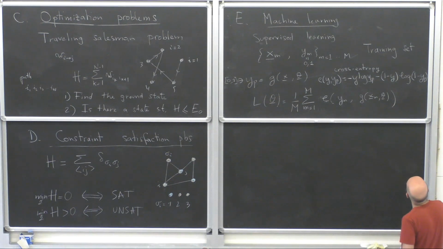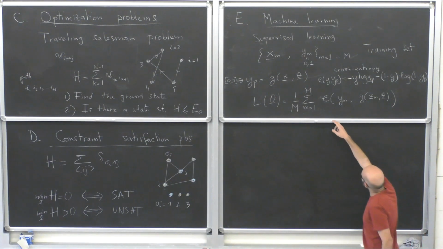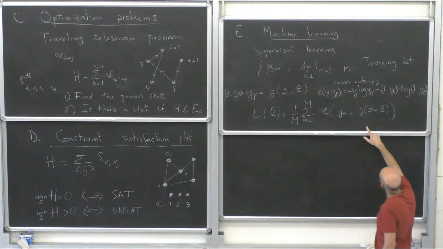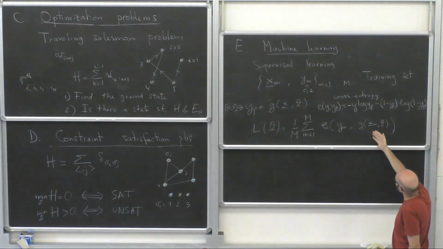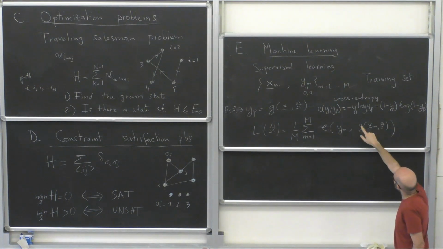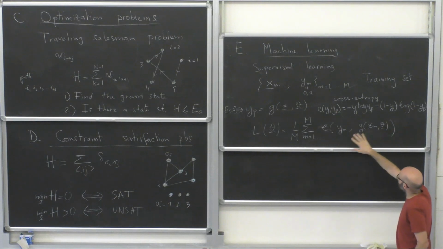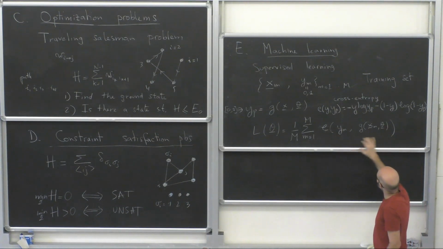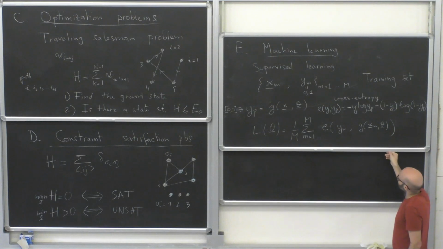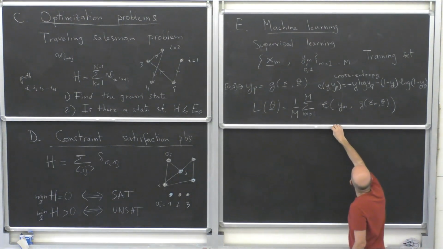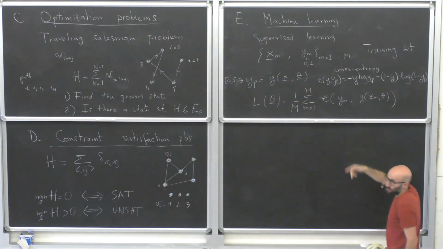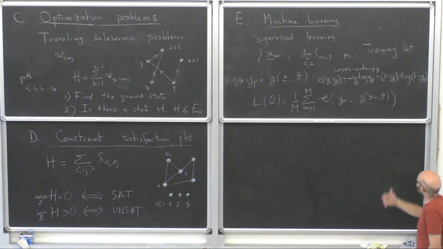And you can see, for example, in this example, that this function is equal to 0 if the data is perfectly classified. So if for each input the function g can give you the correct label, then this is 0. You can also see that the cross entropy is positive.